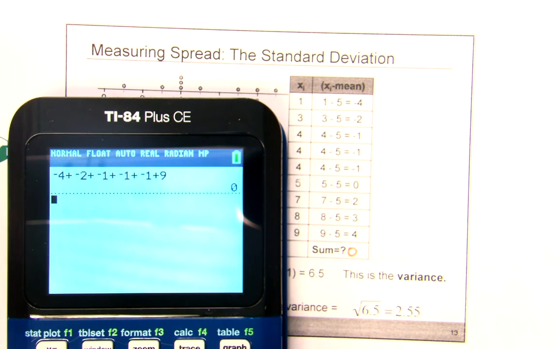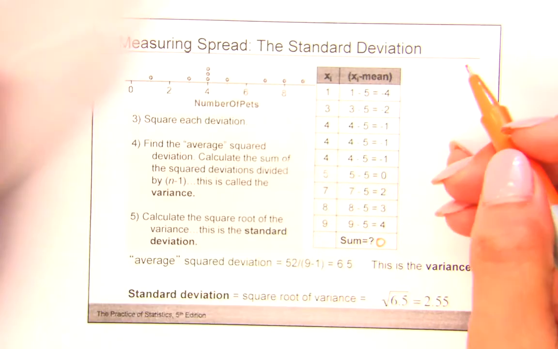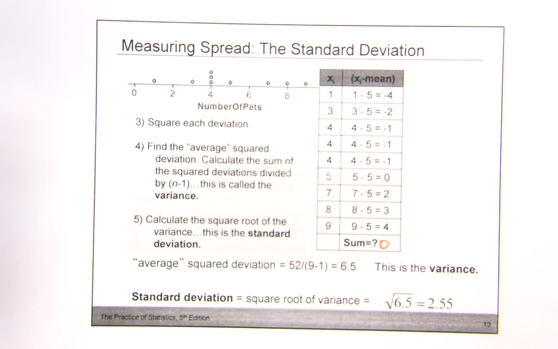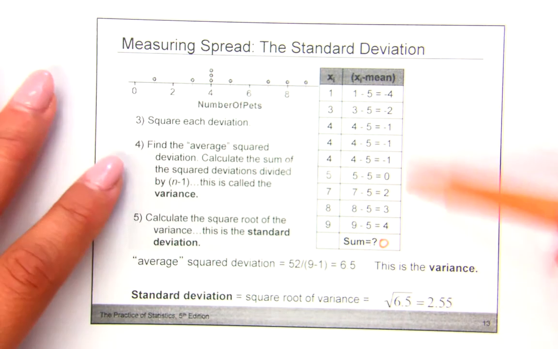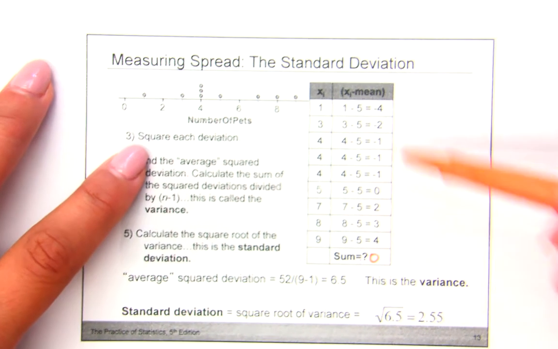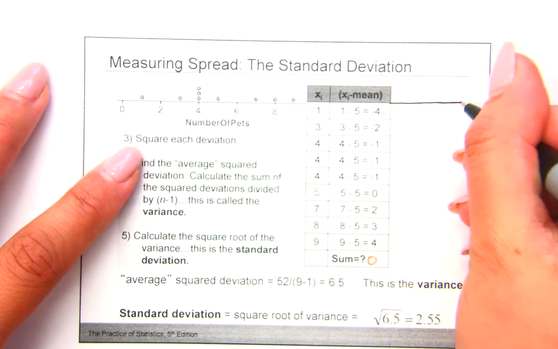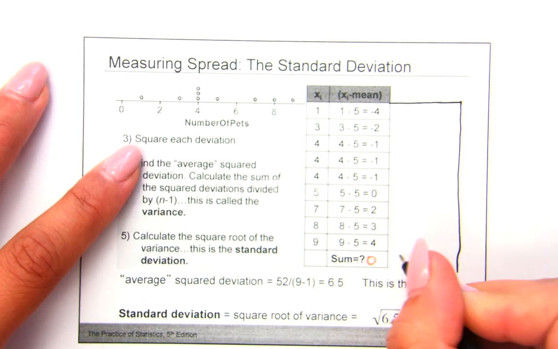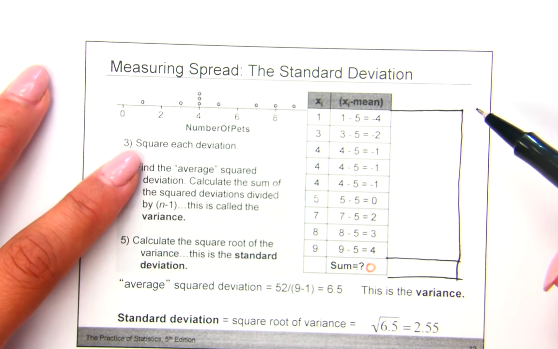So that should strike you as, okay, what's the point? Now, the question is, what are you going to do with that? You're going to square each deviation. I'm going to do another column because this will make it a little easier.